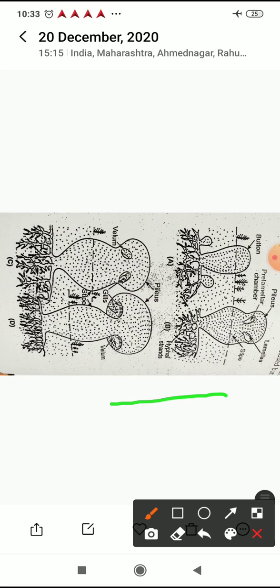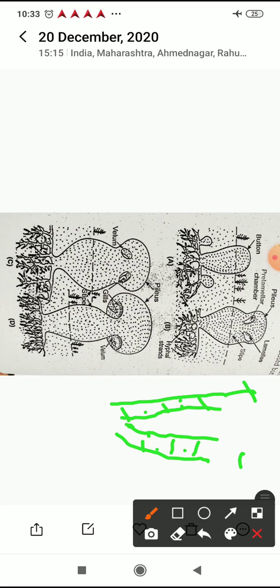Suppose this is one monokaryotic hypha having one nucleus. This is a positive strain, and another monokaryotic hypha is of negative strain.